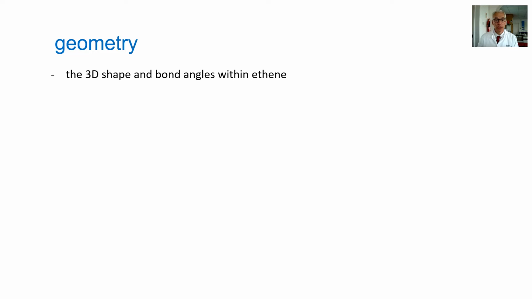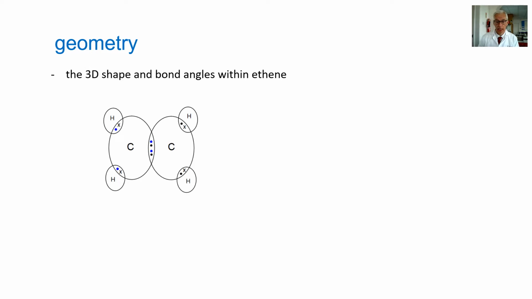So considering the three-dimensional geometry of the ethenes, that is the shape and bond angles around the carbon atoms. To start with, we need a dot and cross diagram, and we will see from that that we have a double bond between the 2 carbons, which we are going to treat as a single bond.